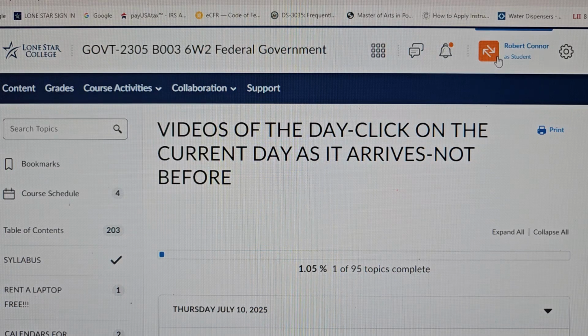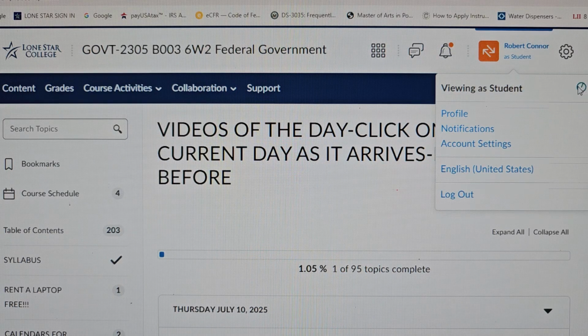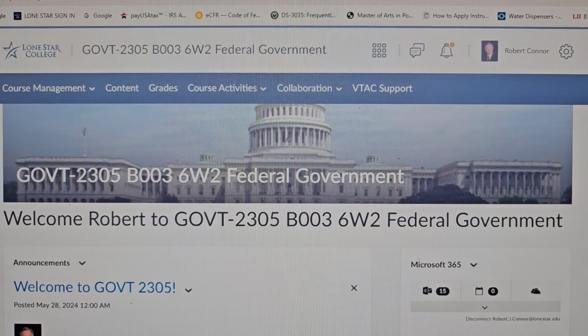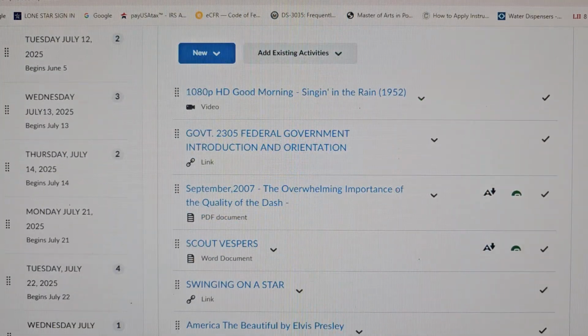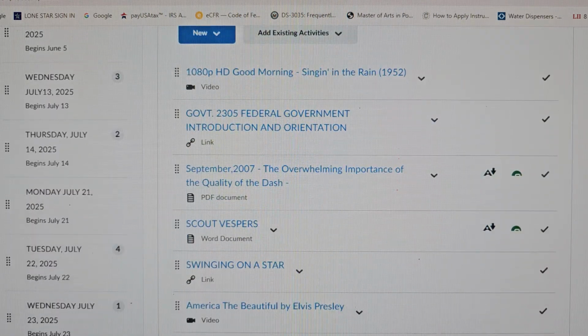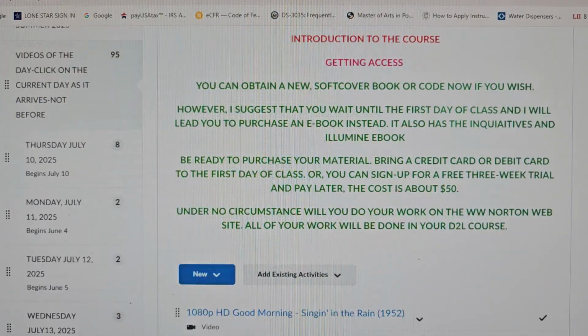Let me change that so that I can open these up, because these don't open up to you until the day comes. So they open on the day as it comes. And then you have information and entertainment.